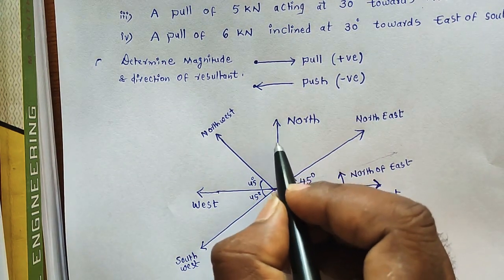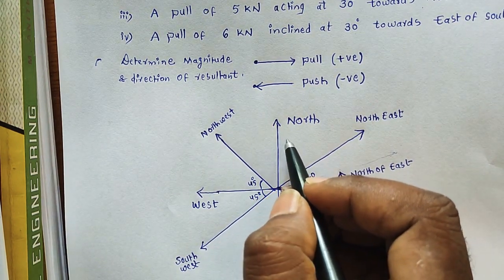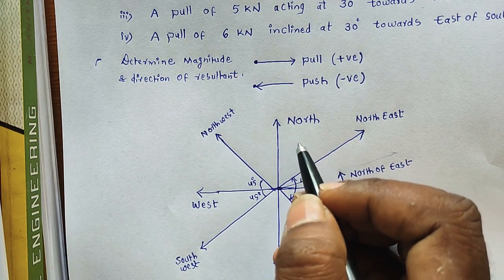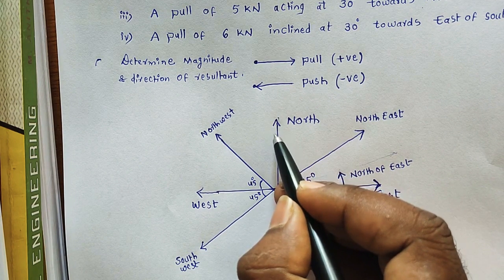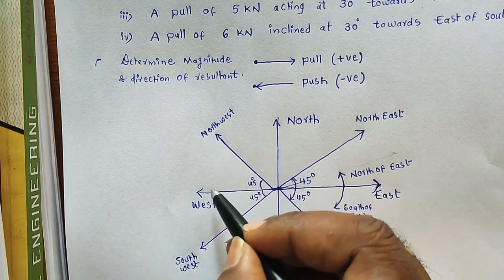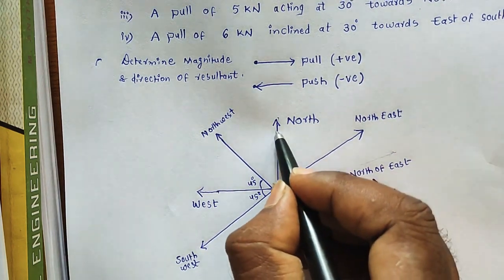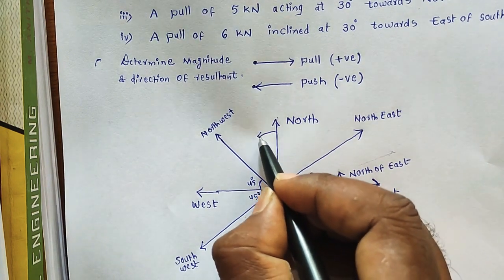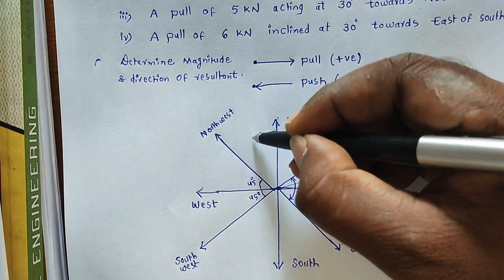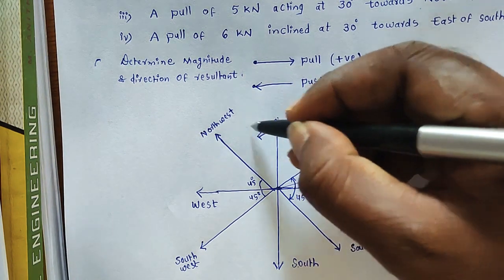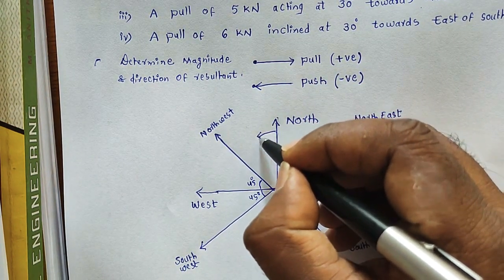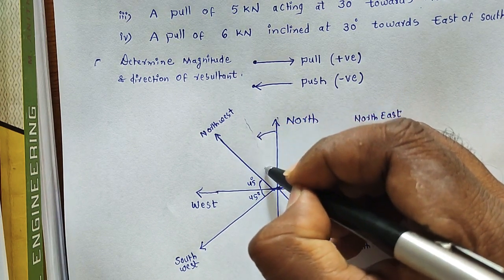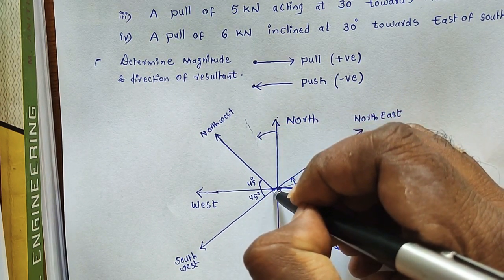Similarly, in the problem it has been given if any force acts towards west of north. So this is north. West of north means west direction is this side. So you have to draw a force here with an angle. So whatever the angle it has been given, with that angle you have to draw a force like this.